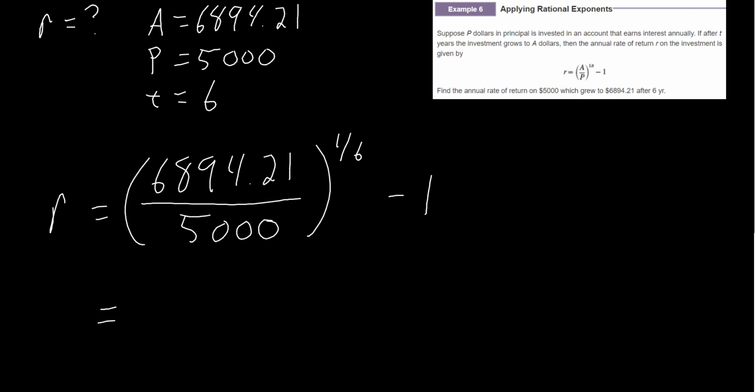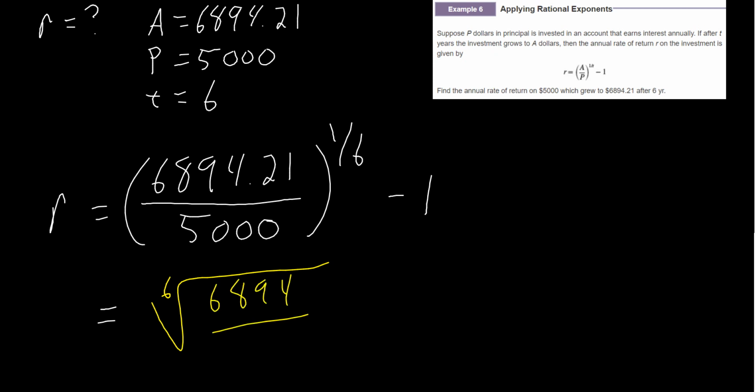Really quickly, while I'm at it, these rational exponents are really simple. You're going to need a scientific calculator for this, but imagine if this problem was the sixth root of 6,894 over 5,000. Your more expensive calculators, you can obviously put in the sixth root of something. There's nothing wrong with that.